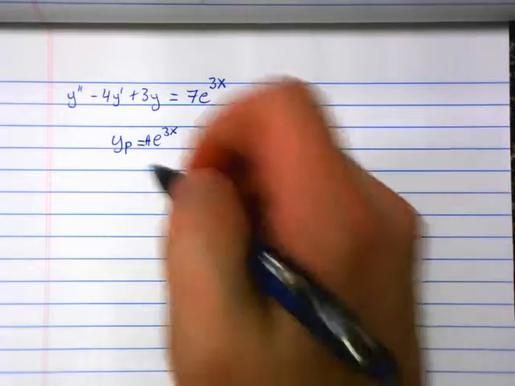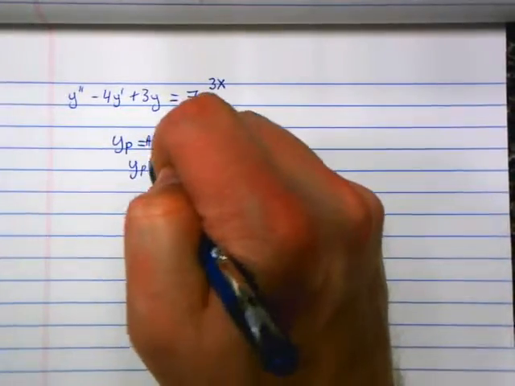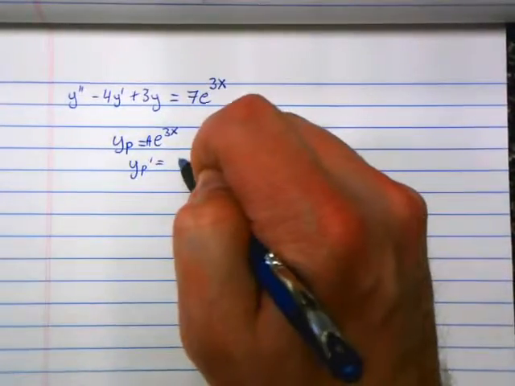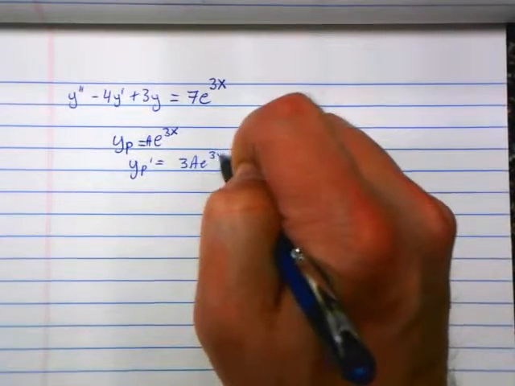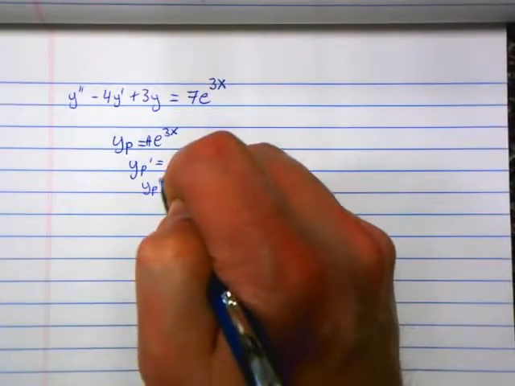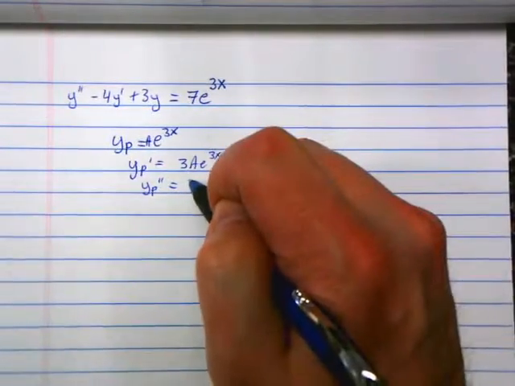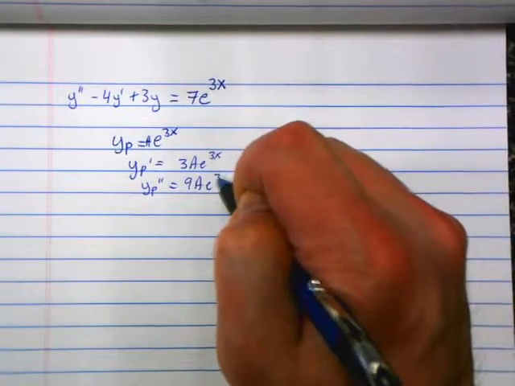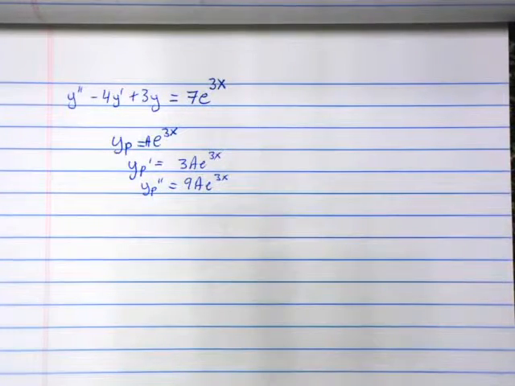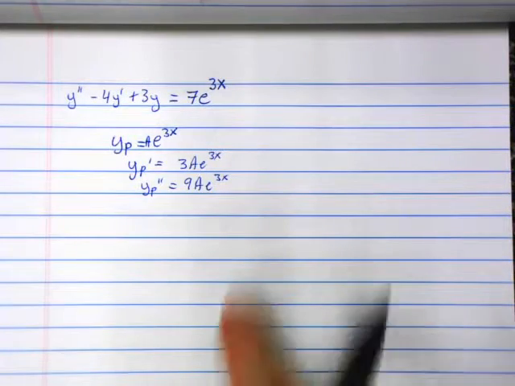Take your derivative. Y sub p prime is 3a e to the 3x. Y sub p double prime is 9a e to the 3x. Plug it all in.